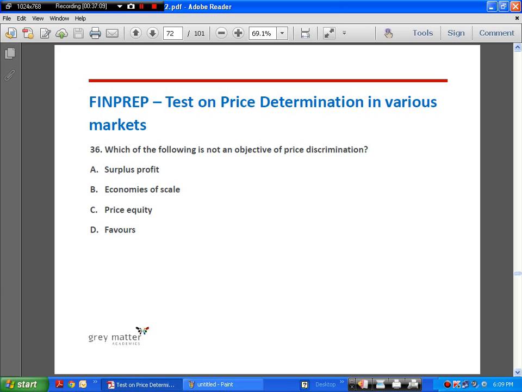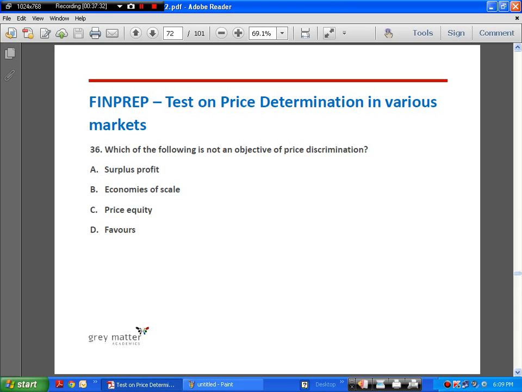36th question. Which of the following is not an objective of price discrimination? Surplus profit, economies of scale, price equity, and favors. So we'll notice that price discrimination is not followed out of favoritism.